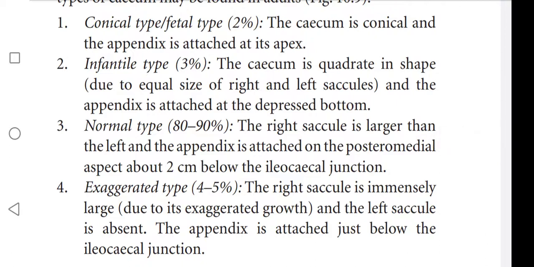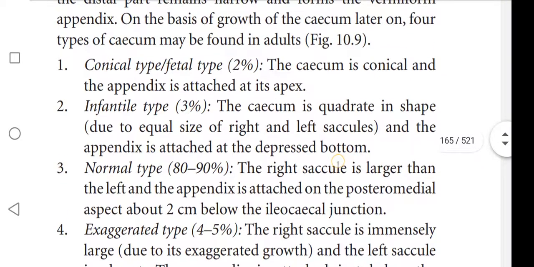Once again, four types of cecum may be found in adults: fetal, infantile, normal, and exaggerated.